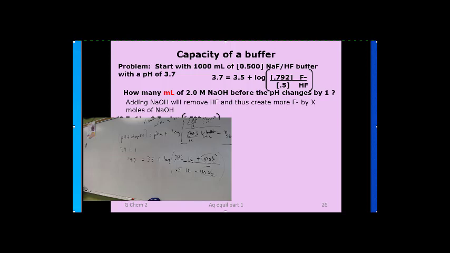Does that make sense how that setup came? And again, you'll have this formula in front of you, so it'll be helpful. You don't have to memorize that one. What do I do mathematically to solve for the moles of sodium hydroxide I can add? How do I get N? How do I solve for N?